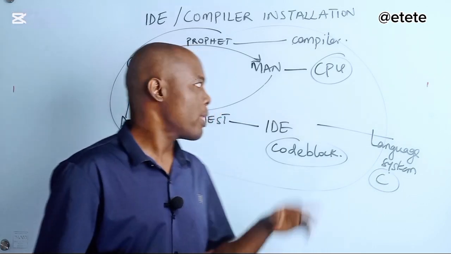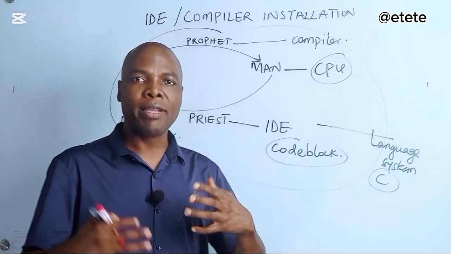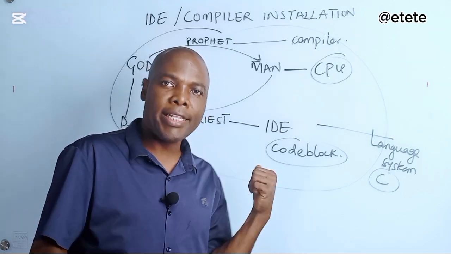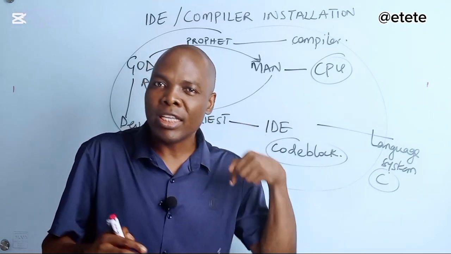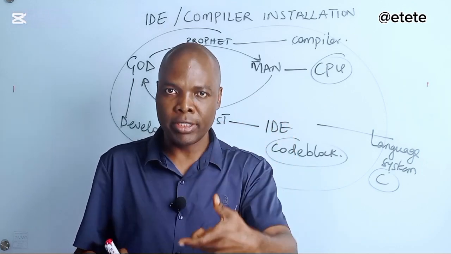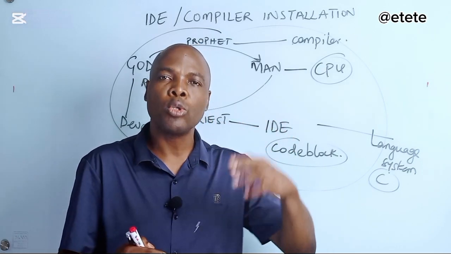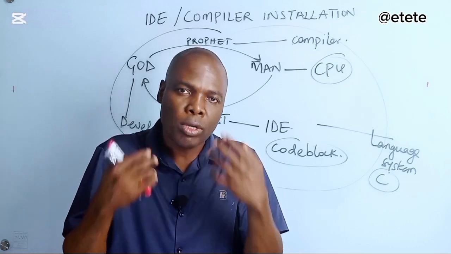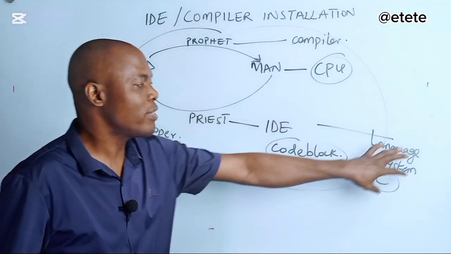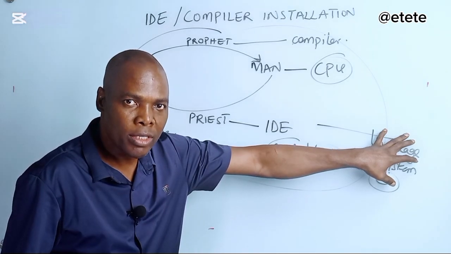Only those that are plugged to that network can understand what I just said. But for those of you who are also plugged to the English network, you are able to understand what I'm saying. So this is the concept, and everything is being looked at within the language system of what? C.